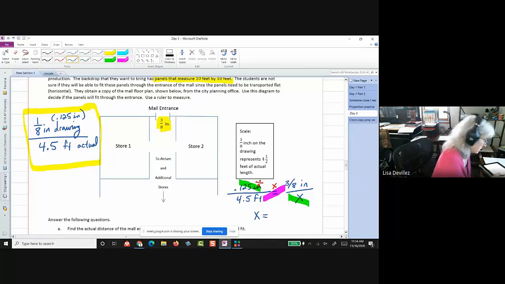So let's see. Are you getting 13.5 feet? So that would be this door.